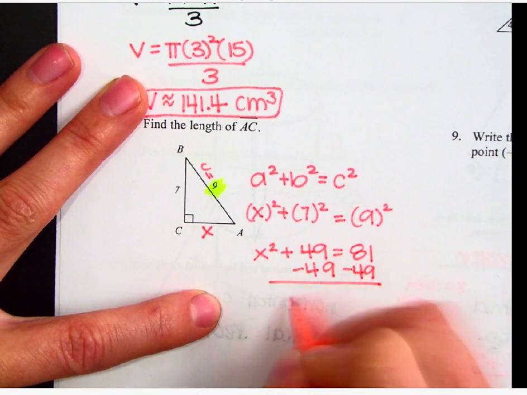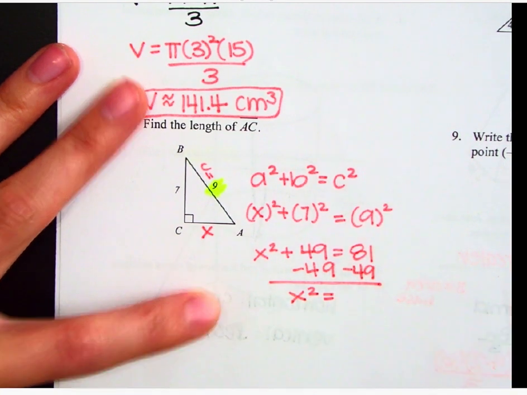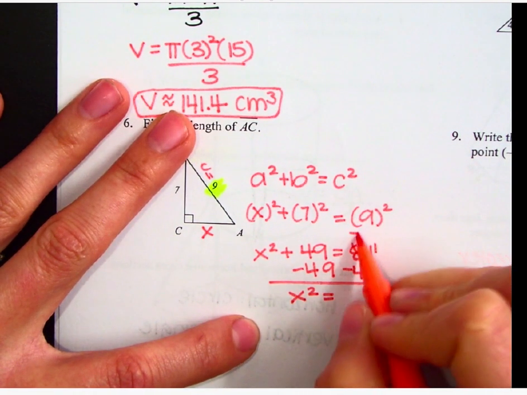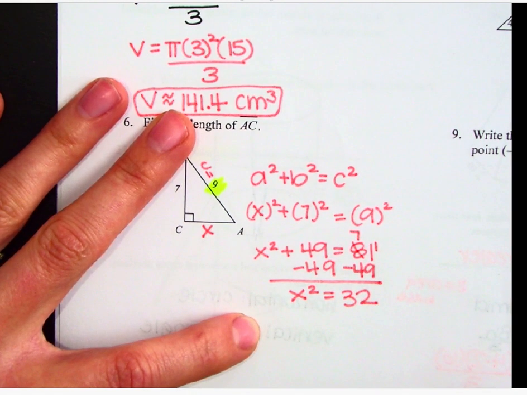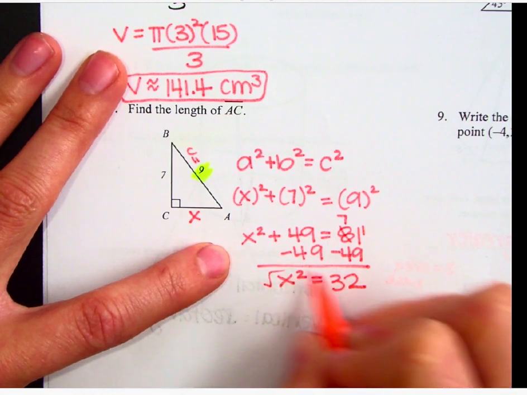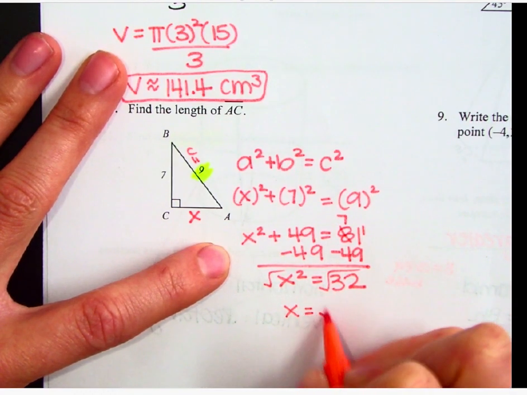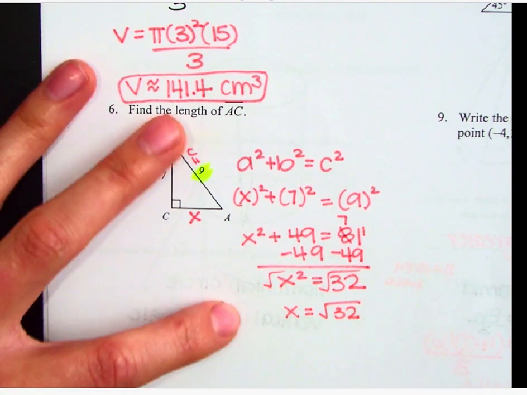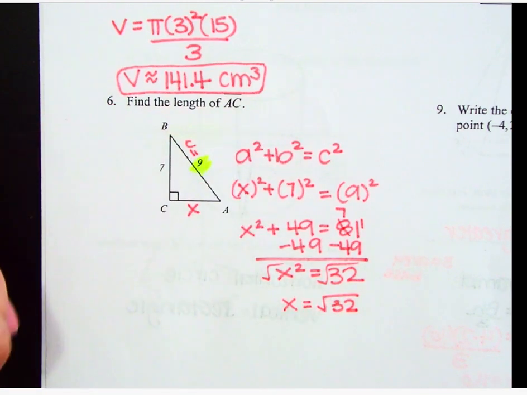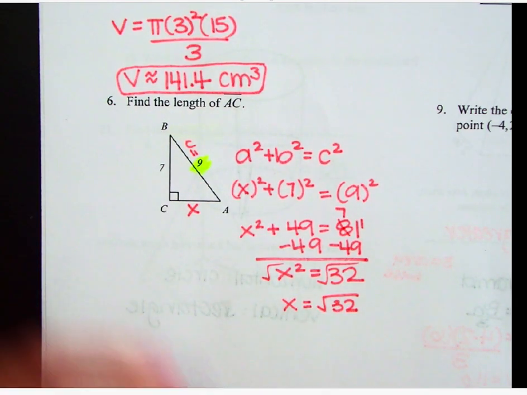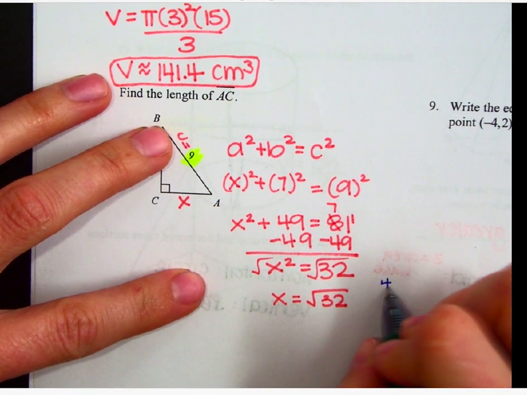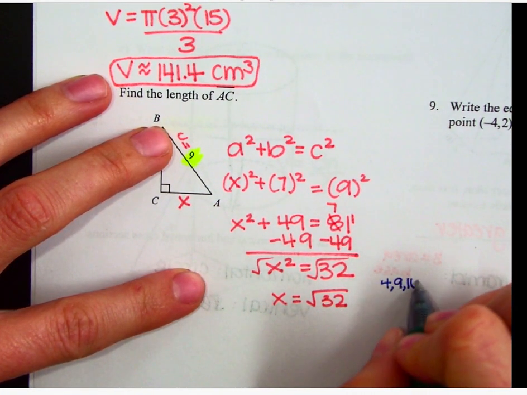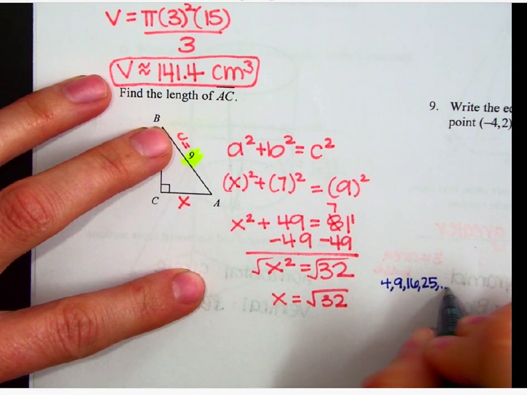Subtracting 49 gives us that x squared is equal to 32. And then our last step to isolate x is square rooting to get the square root of 32. Okay, but we've talked about how to simplify here. When we're simplifying a radical, you think of our list of perfect squares like 2 times 2, 3 times 3, 4 times 4, 5 times 5, and so on.